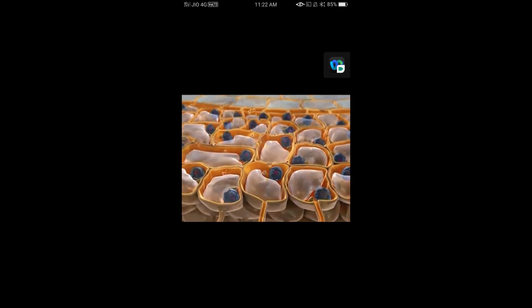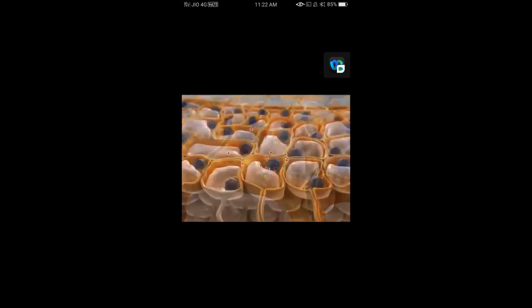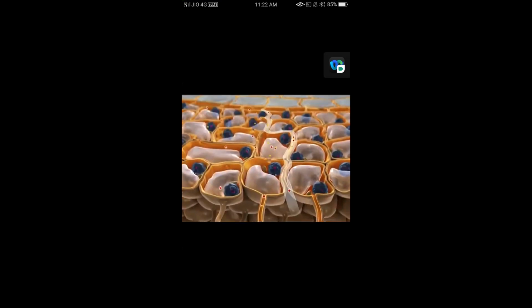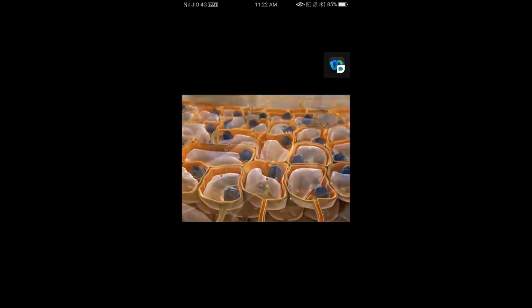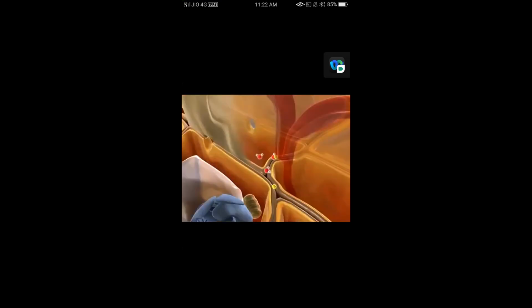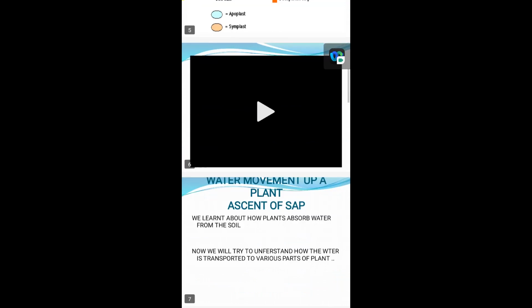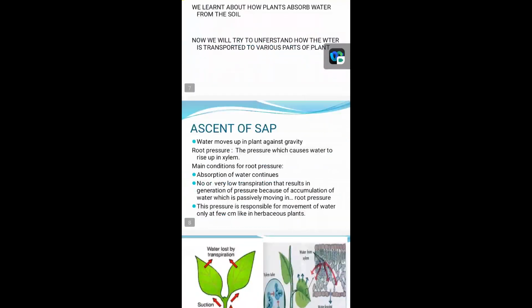They travel in the cytoplasm between the cells, through plasmodesmata. There is another pathway, the apoplast, through the intercellular spaces between walls. So this is how the water reaches the xylem through these two pathways, apoplast and symplast. So we are talking about the root pressure.